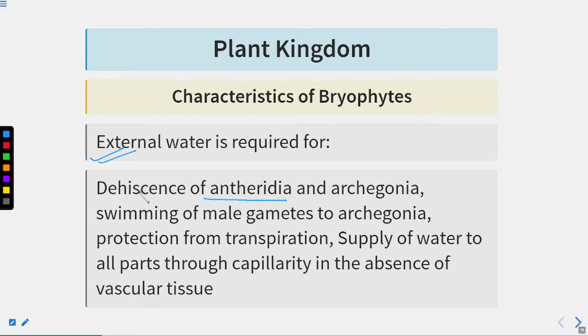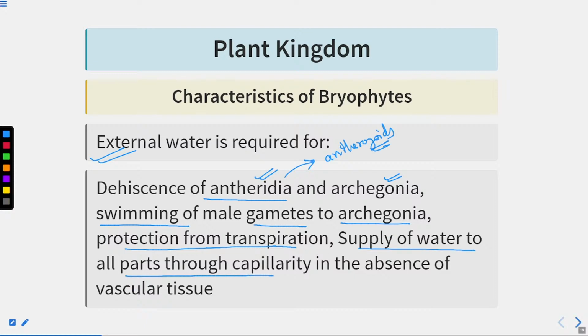Dehiscence of the antheridia means when the antheridia open, they release lots of antherozoids. Dehiscence of antheridia and archegonia allows the swimming of male gametes to archegonia, and that is required because of protection from transpiration, and supply of water to all parts through capillary action in the absence of vascular tissue.